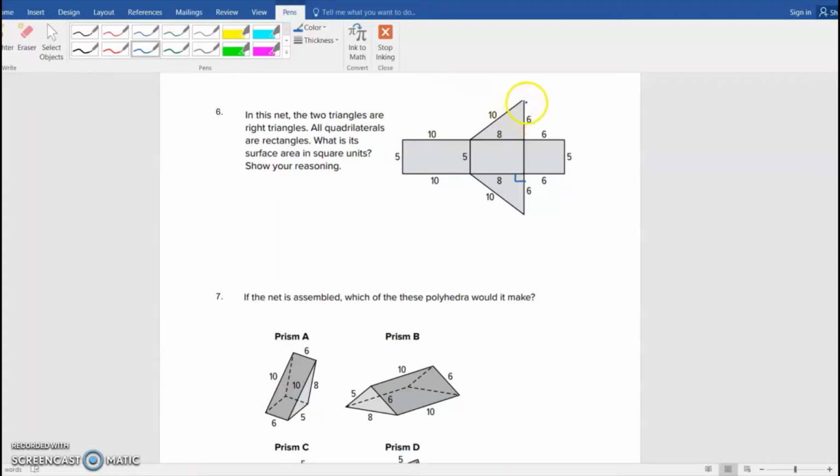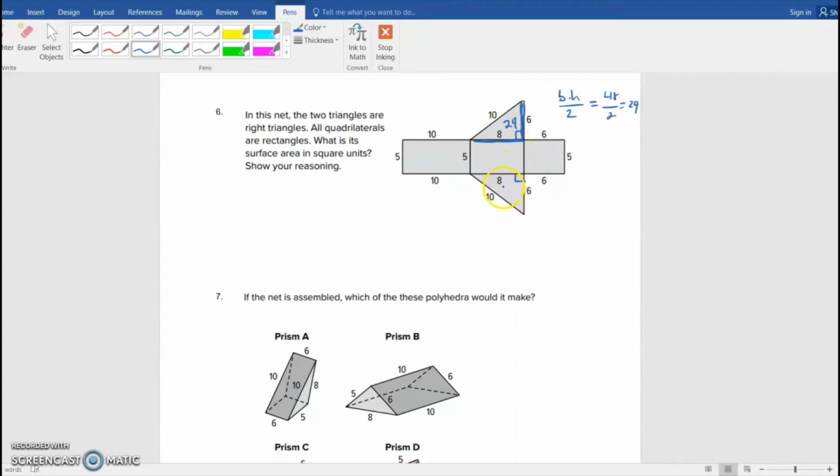I'm going to start with my triangles. It looks like I have a base of 6 and that meets this height at a 90-degree angle right here. So base times height, and then I take half of it, or divide it by 2. 6 times 8 is 48, and then 48 divided by 2 is 24 units. So this triangle would be 24 units.